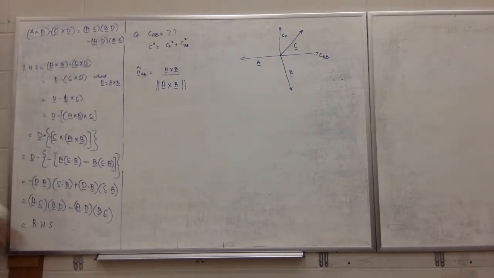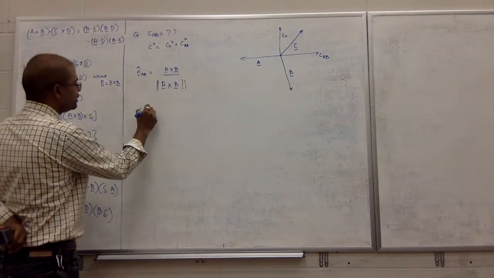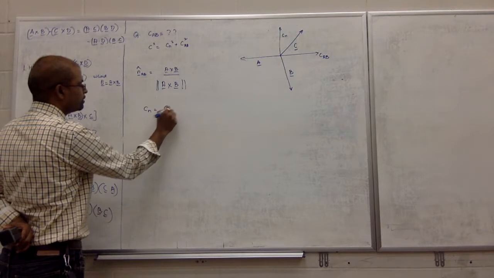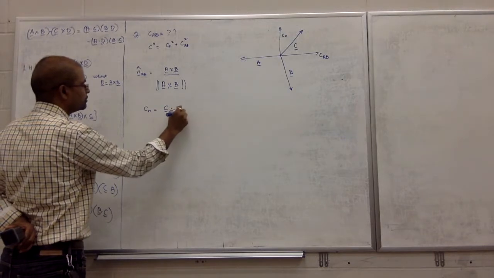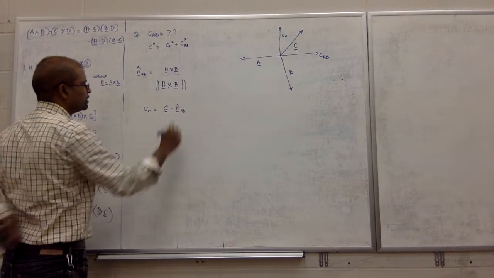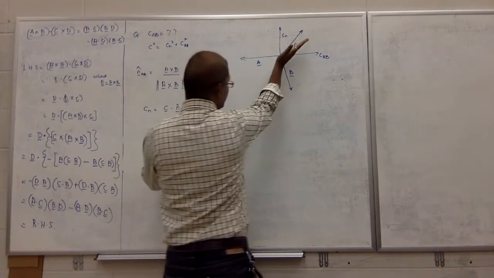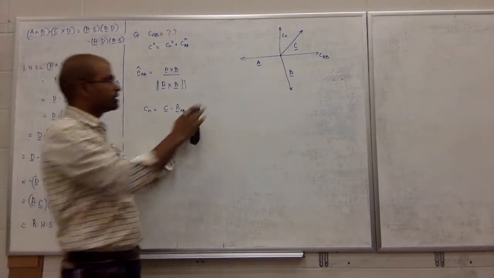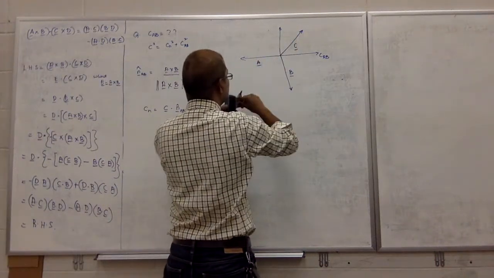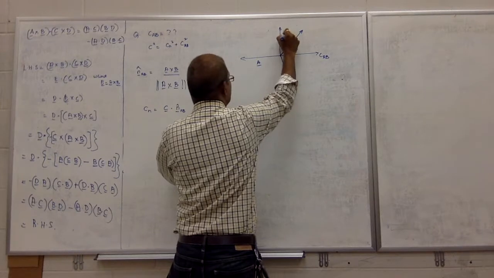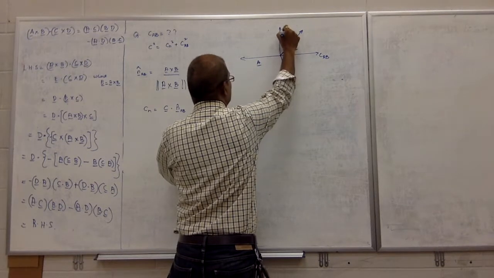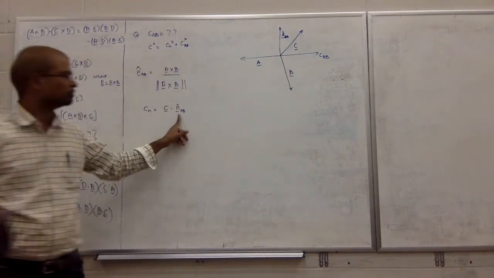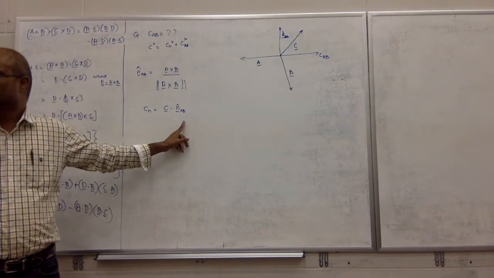Okay? Now, C_n is C dotted with n cap, the projection of C on the n vector. So this is really C dot n cap of AB. Does that make sense?